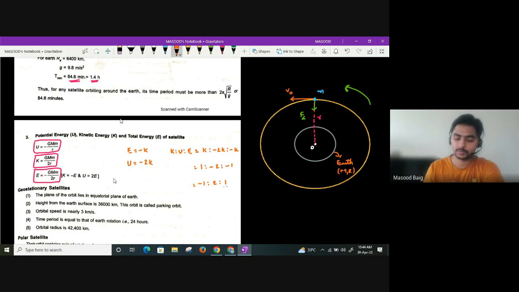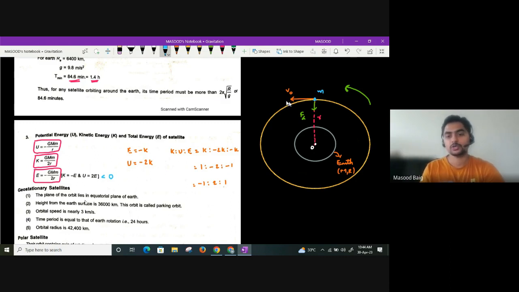Now always remember, total energy of the sun and planet system will be negative. In the same manner, earth and satellite system will also be negative. Whenever total energy of any system is negative, guys, that system will be called a bounded system.